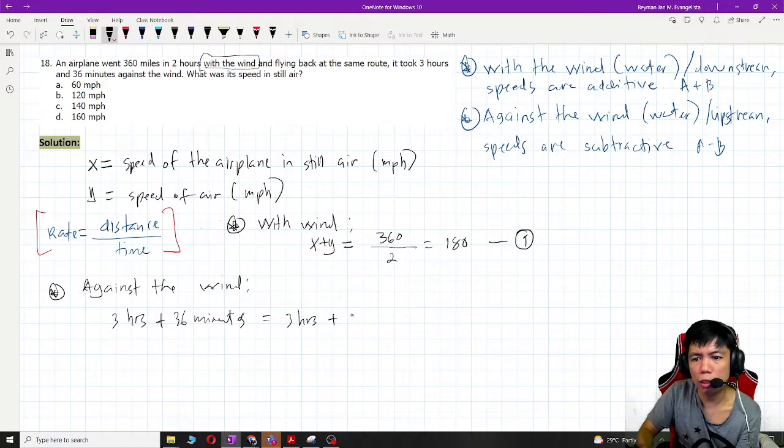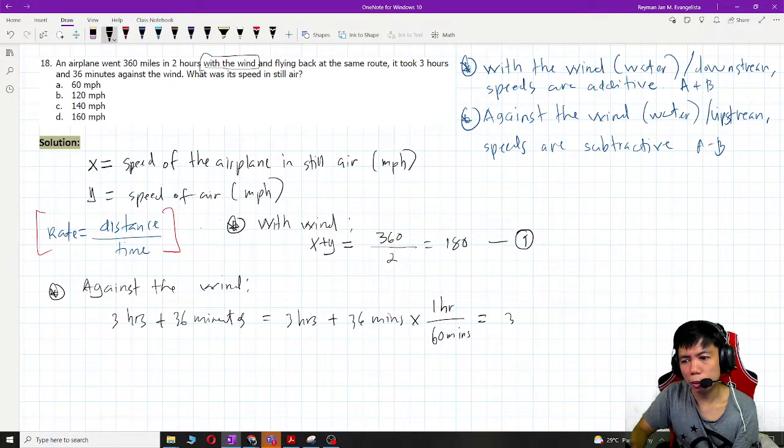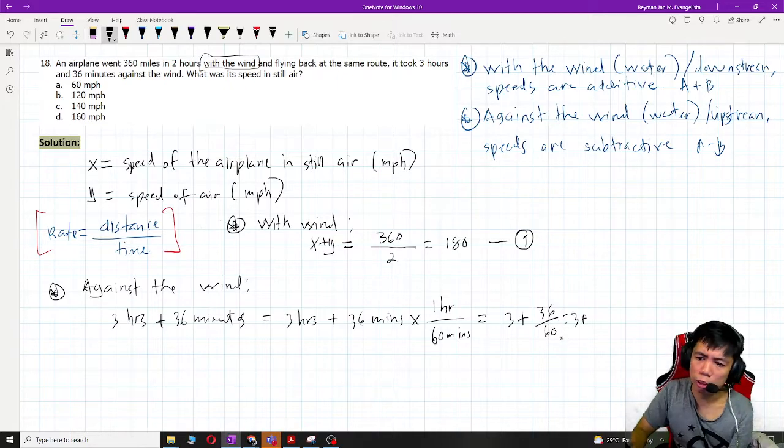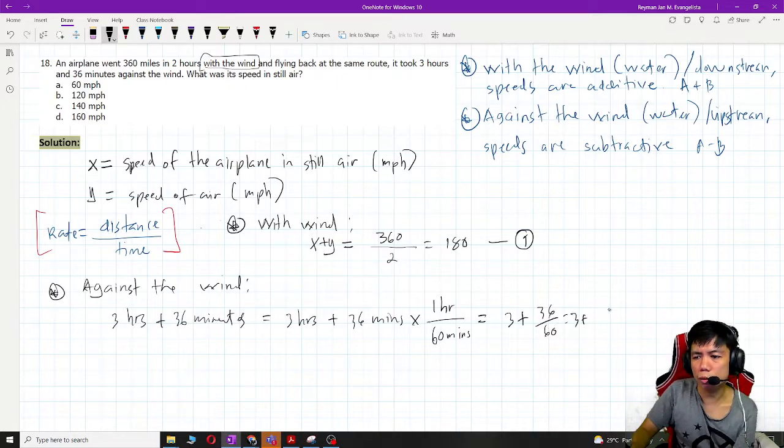That is 36 minutes multiplied by, in 1 hour, meron tayong 60 minutes. So 3 plus 36 over 60. Divisible by 12, so 3 over 5.